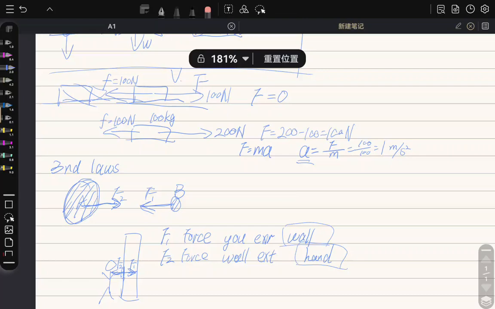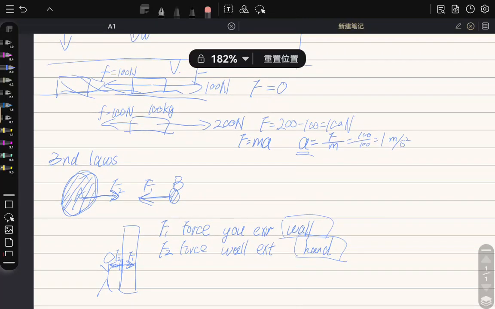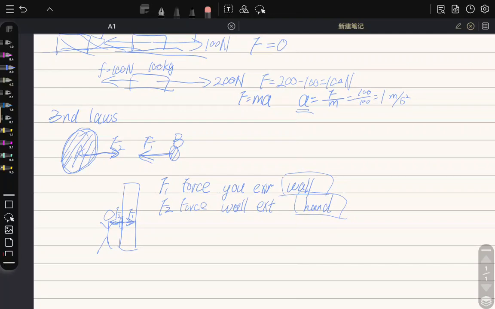So we can calculate the acceleration: the resultant external force is 100 Newton, divided by the mass, 100 kilograms, is 1 meter per square second. Does anyone have a question? No? Okay, let's go to the third law.